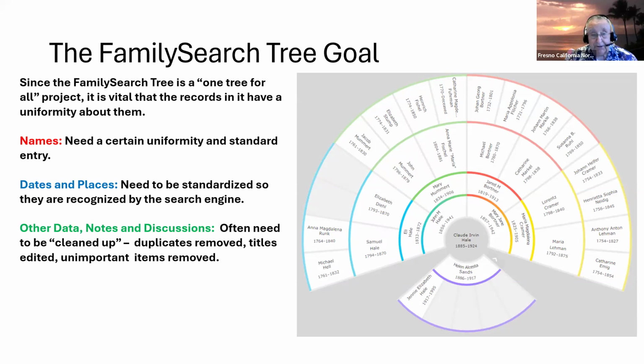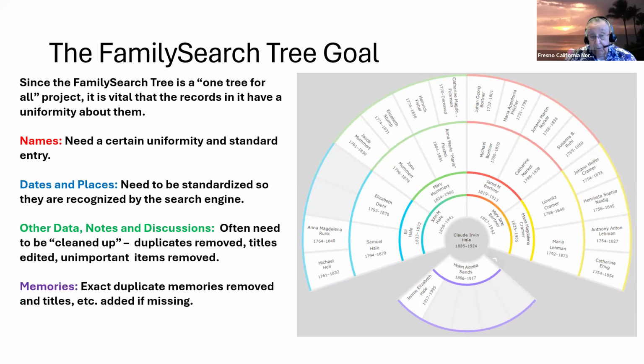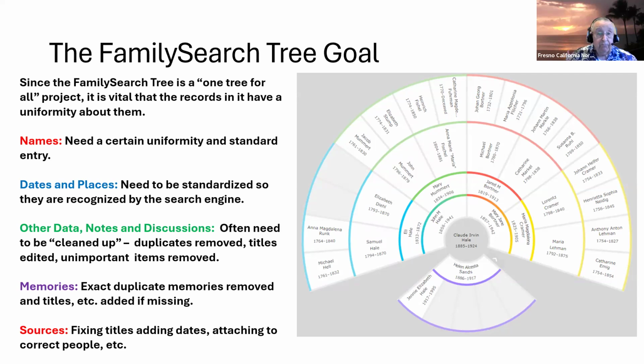On the memories, there are things we can do that are often forgotten about when people enter them into tree. And on sources, there are some things we can do to make them more efficient, better, and more identifiable.